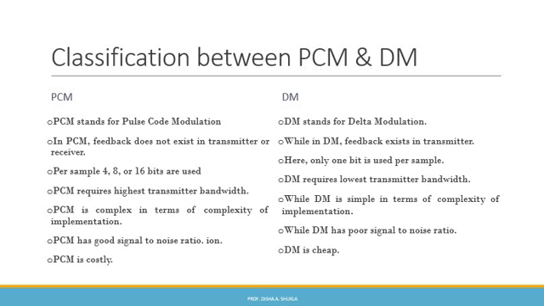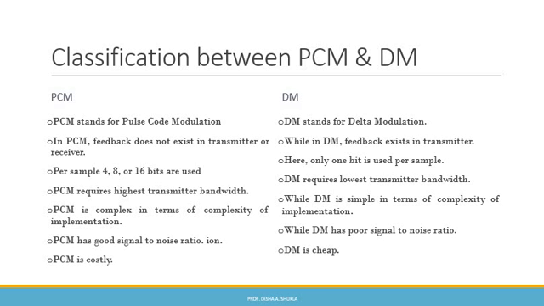PCM finds the value of the signal amplitude for each sample, whereas DM sends only the difference between the pulses. If the amplitude value at time tn plus 1 is greater than the amplitude value of the pulse at time tn, then the signal bit is equal to 1, or else the signal bit is equal to 0.